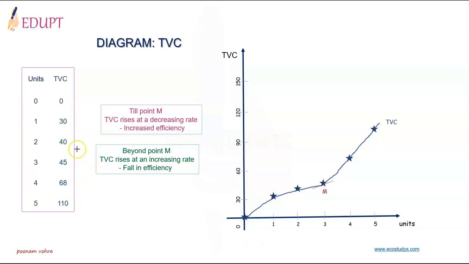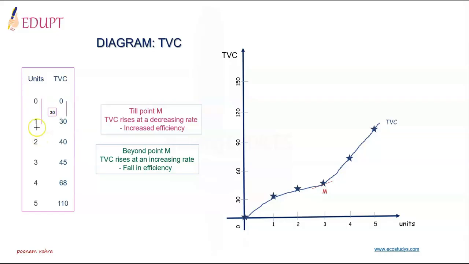But one has to understand the rate at which total variable cost is increasing. And this can be known by finding the change in total variable cost. So, when units produced increase from 0 to 1 unit, the change in total variable cost is 30.